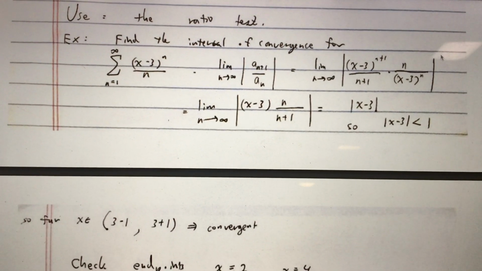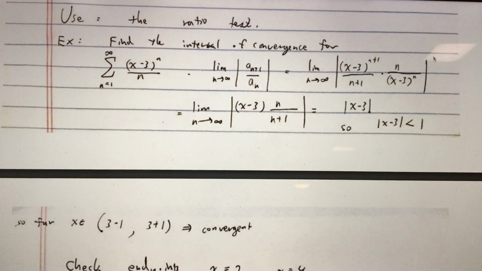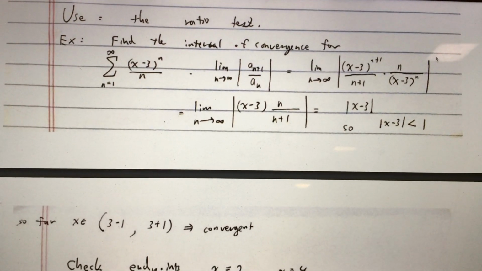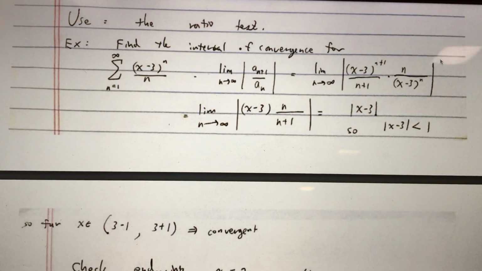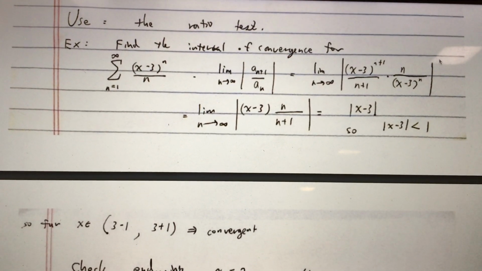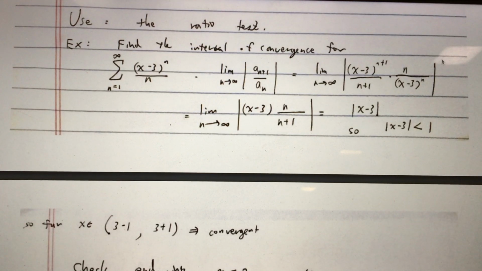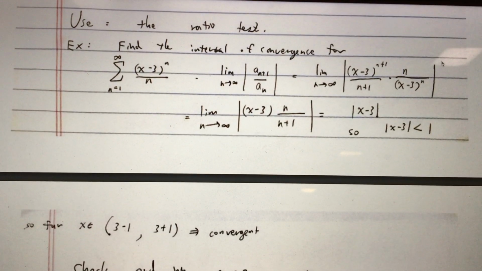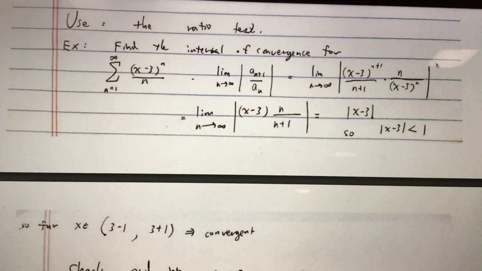Notice it starts out with the limit as n goes to infinity of a sub n plus 1 over a sub n. That's just a reminder of the ratio test formula that we've been using for a couple of days now. Now, that a sub n plus 1 and a sub n, those are the entire term inside of the series that we're working on.